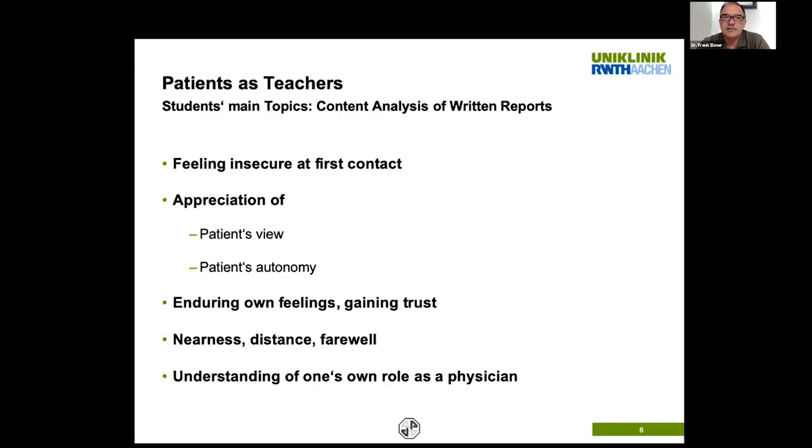These were the feeling of insecurity at the first contact with the patient, the appreciation of the patient's view and the patient's autonomy, and the enduring of one's own feelings and the attempt to gain trust with the patient. Nearness, distance, and saying farewell in the end are continuing topics, and a very important point, I think, is the understanding of one's own role as a physician.